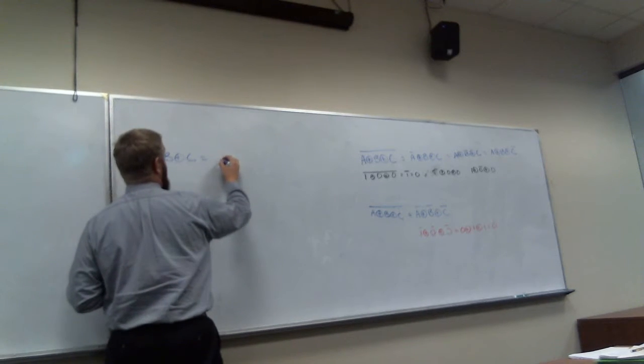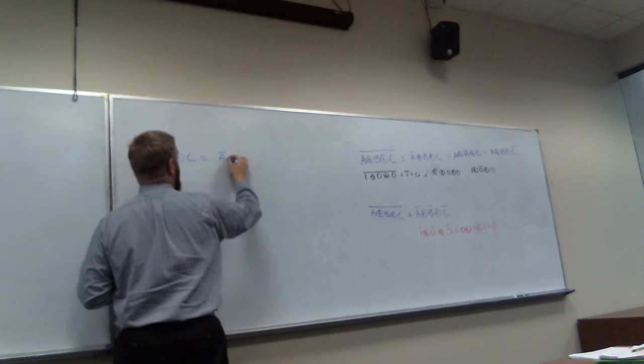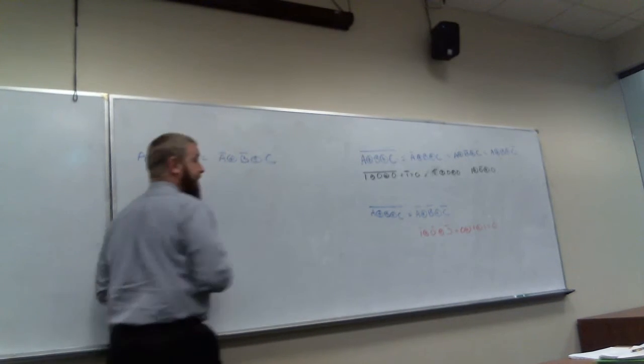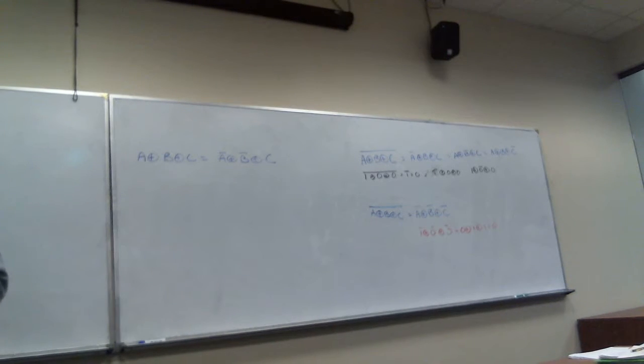So this would be the same as, say, A not XOR B not XOR C. Changing an even number of those terms would keep the answer the same rather than change it to its opposite.